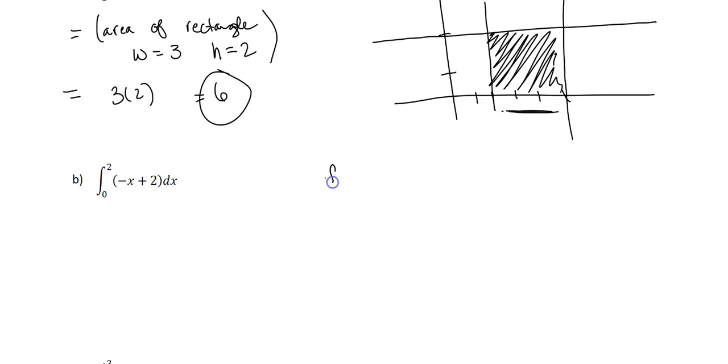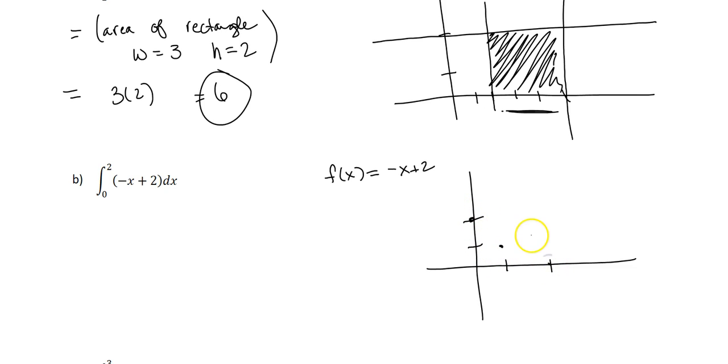In this case, we've got f of x equals negative x plus 2. So if I go to graph that, I'm going to go down 1 over 1, down 1 over 1, and this is not to scale, but you get the idea.